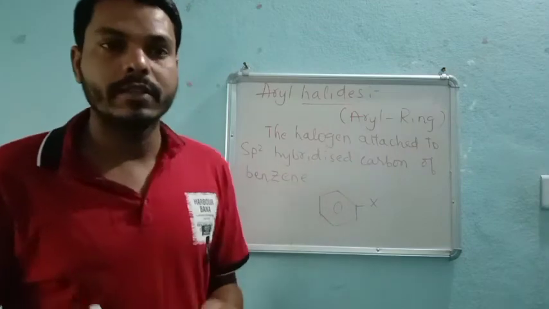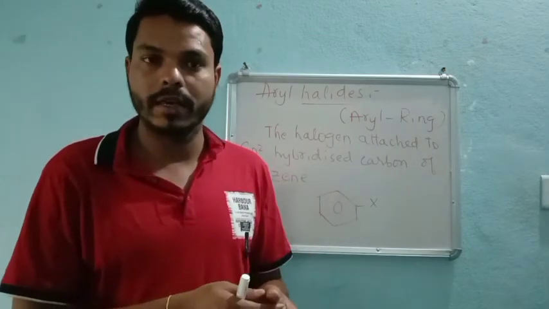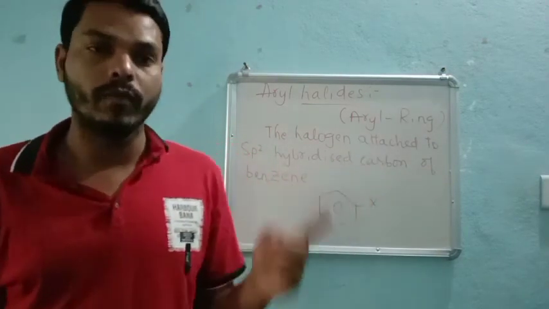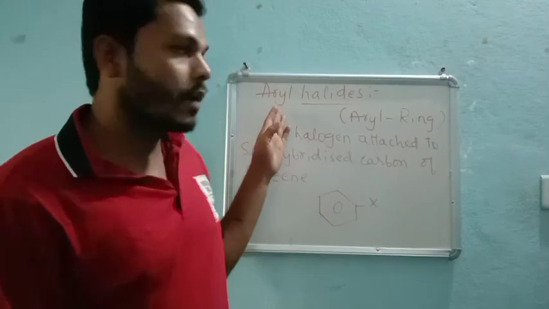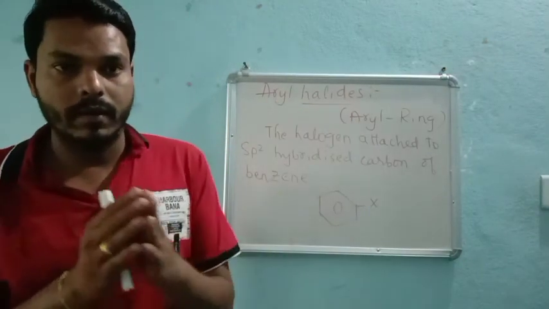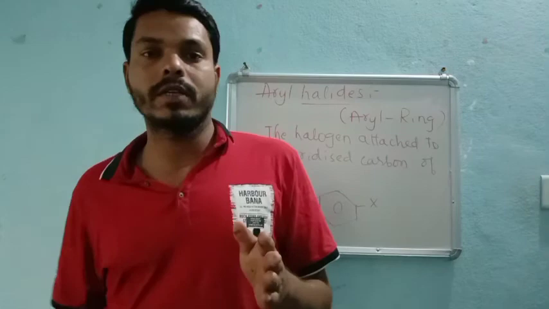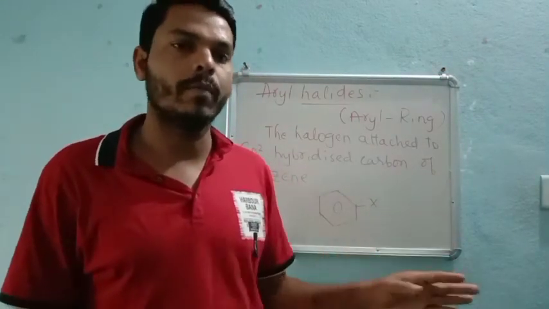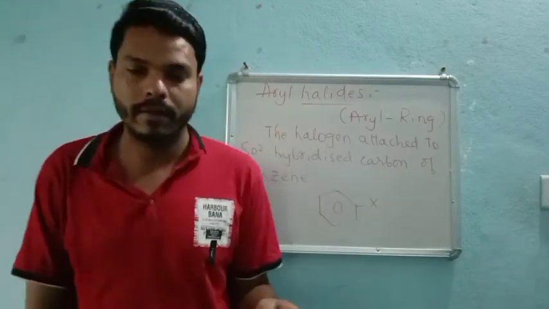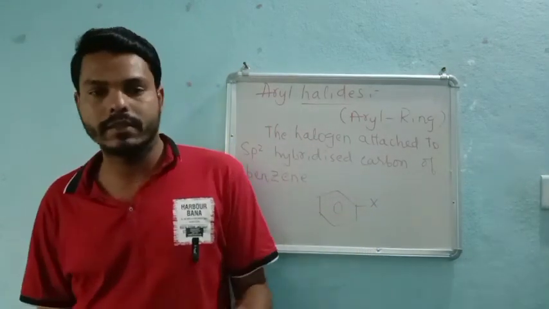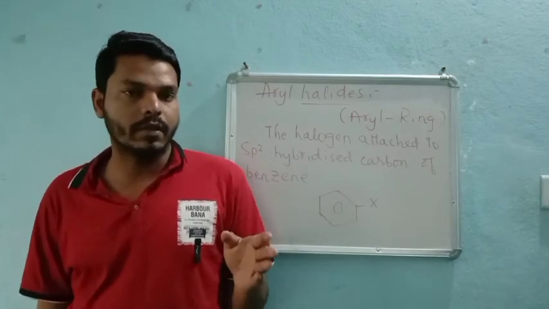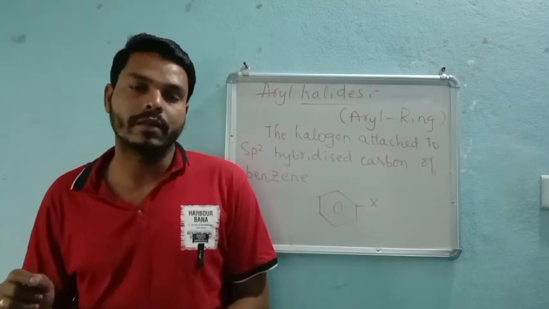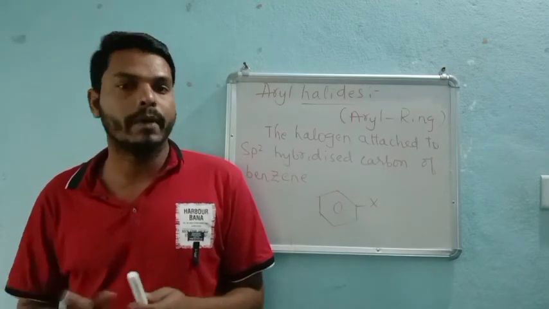If it is attached directly to an sp2 hybridized carbon in a normal chain, those are called vinyl. If the halogen-attached carbon has a double bond beside it in a simple or normal chain, those are called allylic. And benzylic means the halogen should attach to an sp3 hybridized carbon next to the benzene ring.